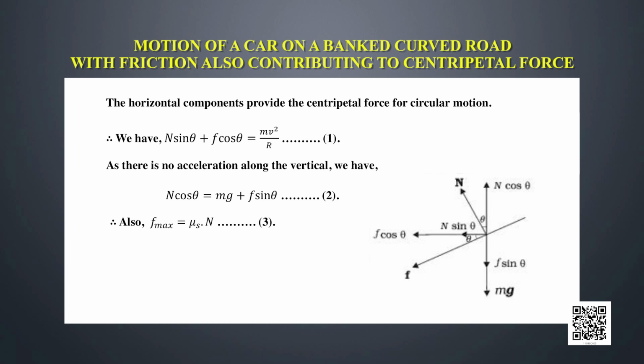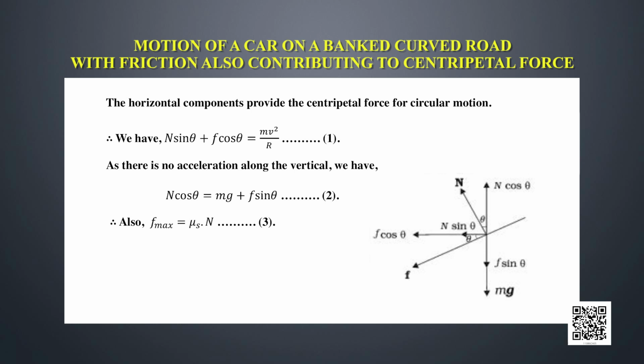The horizontal components provide the centripetal force for circular motion. Therefore, we have N sin theta plus F cos theta equal to mv square over r. As there is no acceleration along the vertical, we have N cos theta equal to mg plus F sin theta.